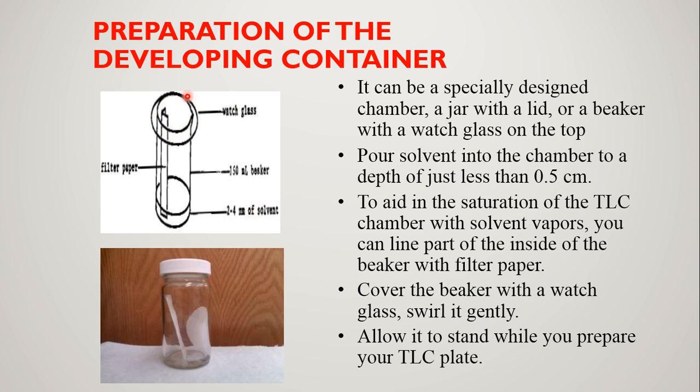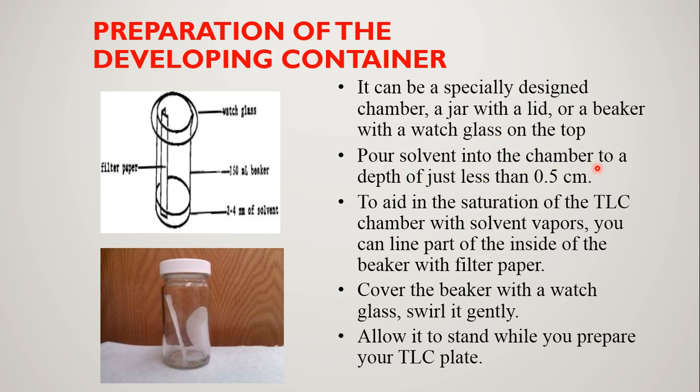Here it is shown covered with a watch glass or lid, where the volatile solvent which is filled at the bottom of this container should not vaporize during the experiment, and the inside environment should be completely saturated with this mobile phase solvent. It can be a specially designed chamber, a jar with a lid, or a beaker with a watch glass on the top. So this is the simple arrangement of this developing container or developing chamber.